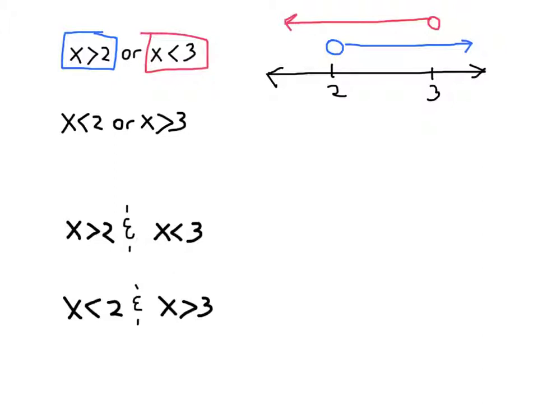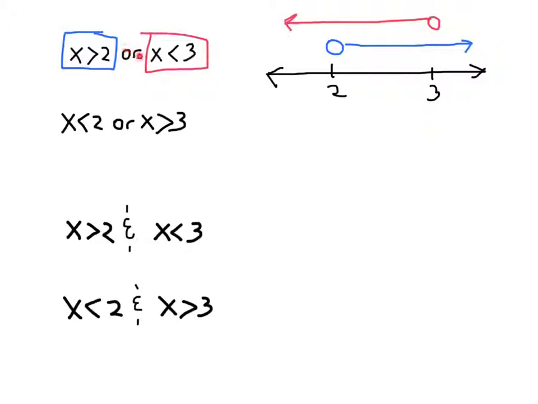Okay? Now basically, when you're graphing the final graph, and it's an OR situation, you're basically scanning this graph, and you want to basically draw a line that represents the total activity on the graph. Now we know that everything from 3 down is covered, according to this line, and everything from 2 up is covered, according to this line.